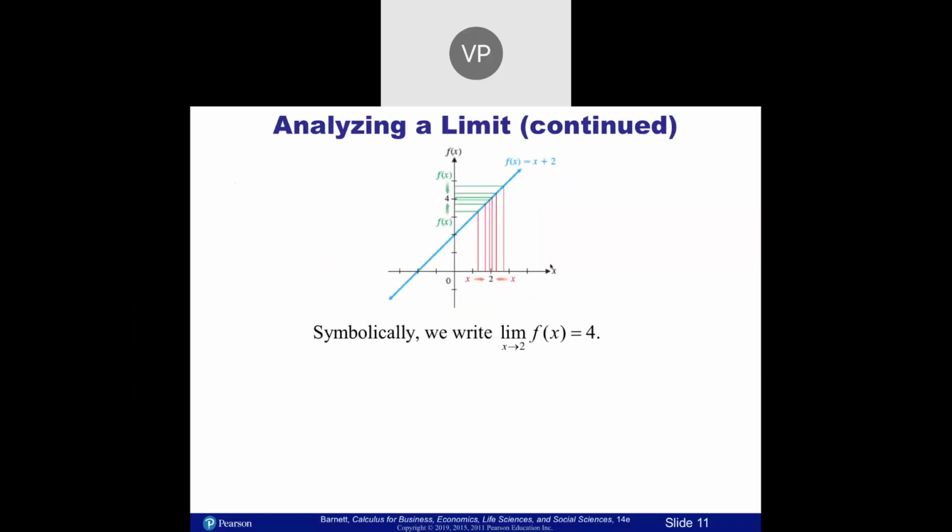Okay, so the symbol, how you write this, by the way, they're going to be asking for what's the limit, this LIM, as x approaches 2 of the function. Now, sometimes they're going to say, what's the limit as x approaches 2?